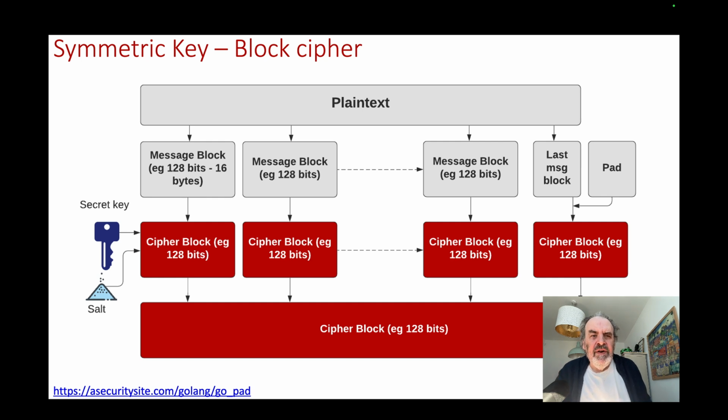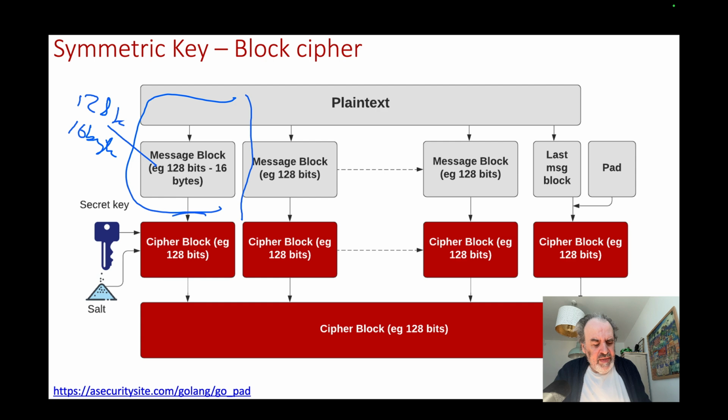With a block cipher, initially what we do is we take the plain text and we split it up into what are called message blocks. For AES, this is 128 bits or 16 bytes. We take each of these blocks and then we encrypt them with a secret key and possibly with a salt value.